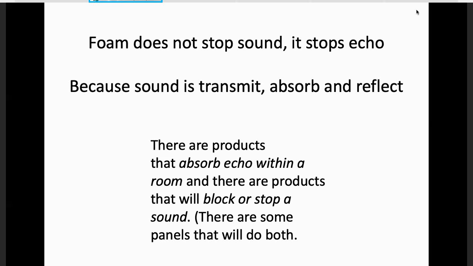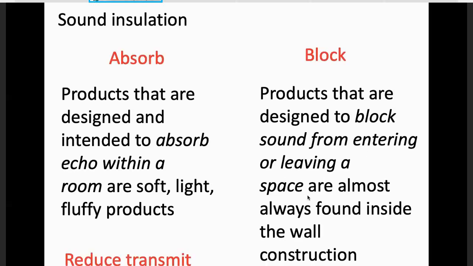So normally people use this material to reduce echo, to try to eliminate disturbance in terms of sound. There are products that absorb echo within a room, and there are products that will block or stop a sound. So there are some panels that will do both. So absorb and block.